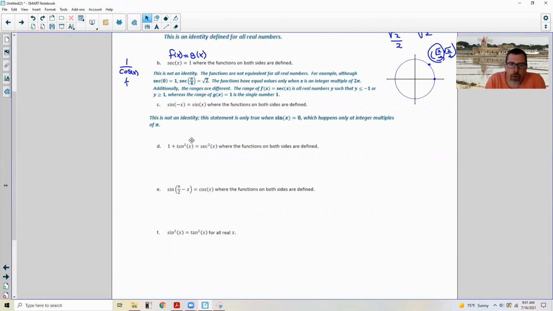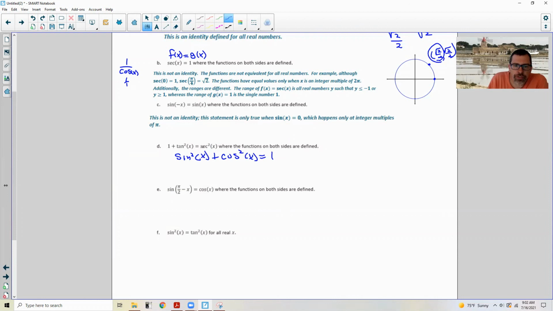Part D, 1 plus tan squared x equals secant squared x, where the functions on both sides are defined. Okay, this one, let me try to explain this. If I have sine squared x plus cosine squared x equals 1, that is my Pythagorean identity.